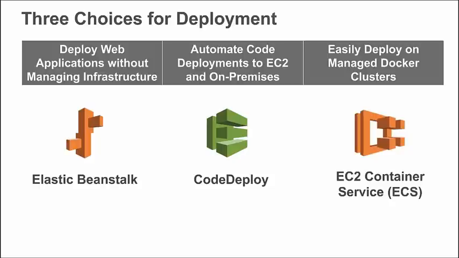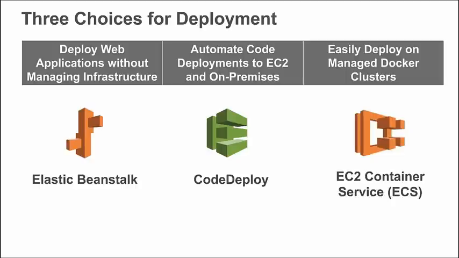AWS offers 3 flexible services to help you manage your application deployments. First, we have AWS Elastic Beanstalk, which enables our customers to deploy their applications in minutes without having to manage the underlying infrastructure.